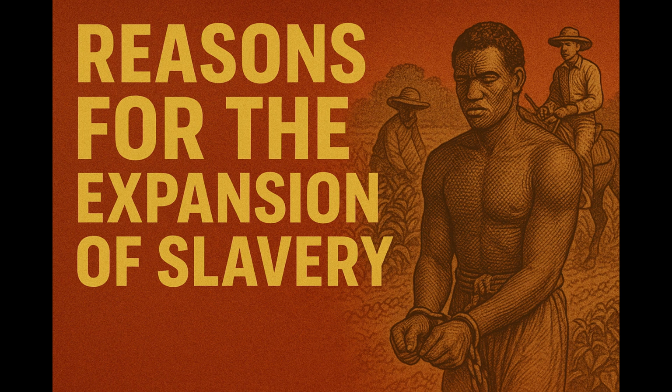Two, political power. The South feared being outnumbered in Congress by free states. By turning new territories into slave states, the South could maintain balance in the Senate and protect pro-slavery laws. They saw abolitionist movements and Northern population growth as threats to their way of life and needed to preserve national influence.